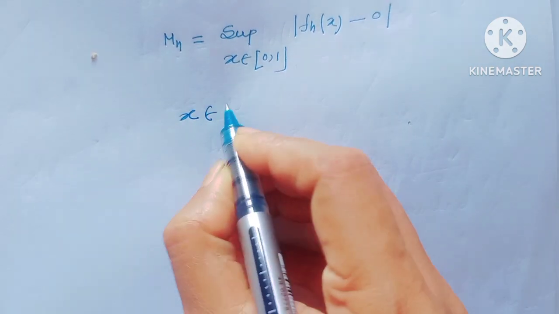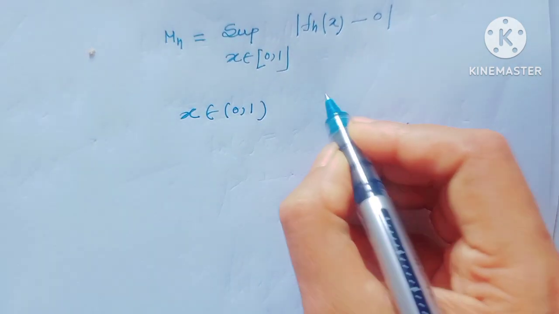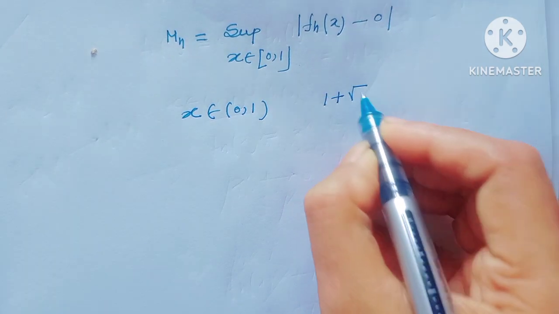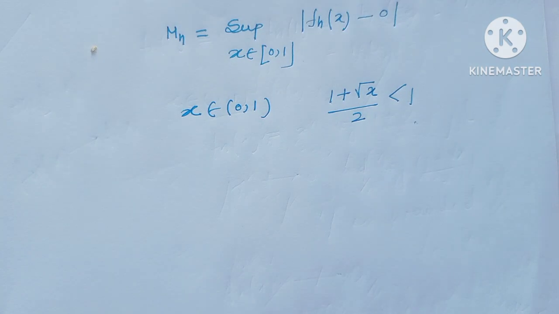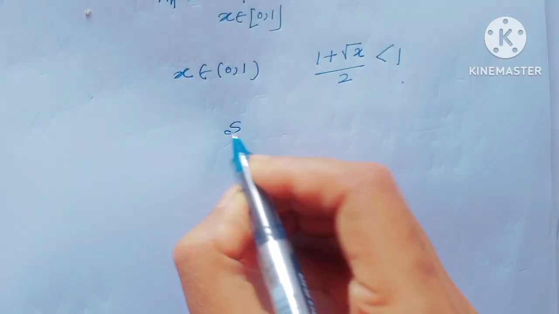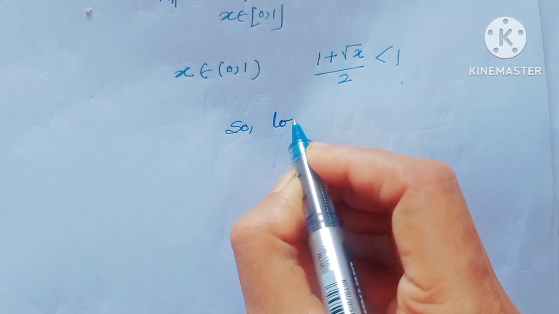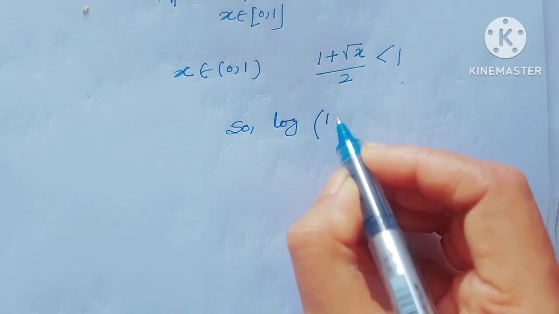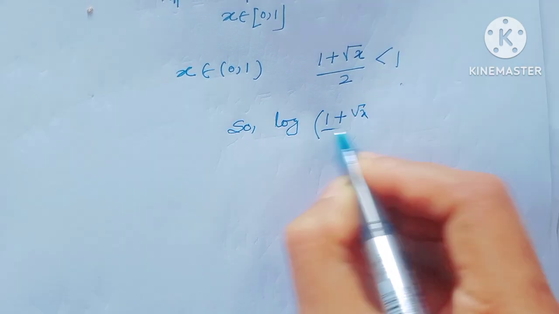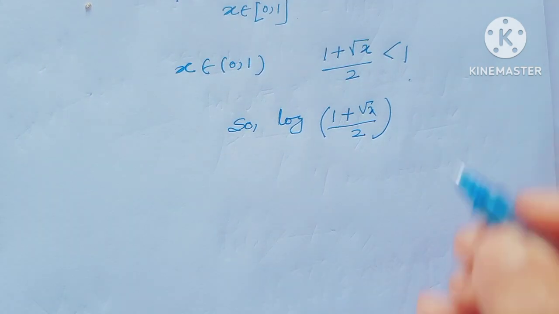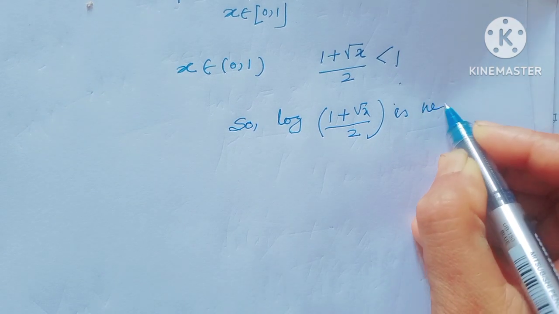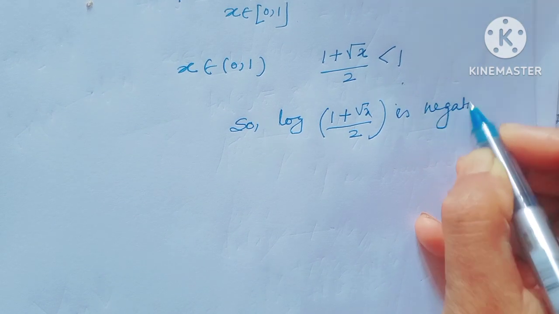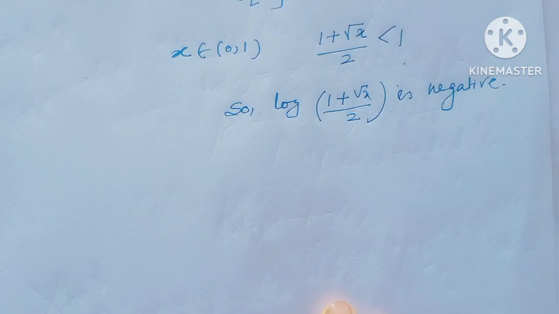When x belongs to the open interval (0, 1), then (1 + √x)/2 is less than 1. So log((1 + √x)/2) is negative, not positive.